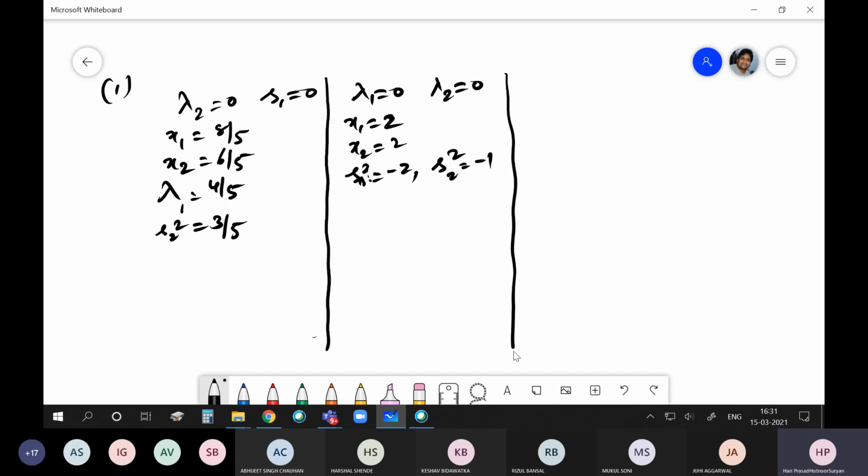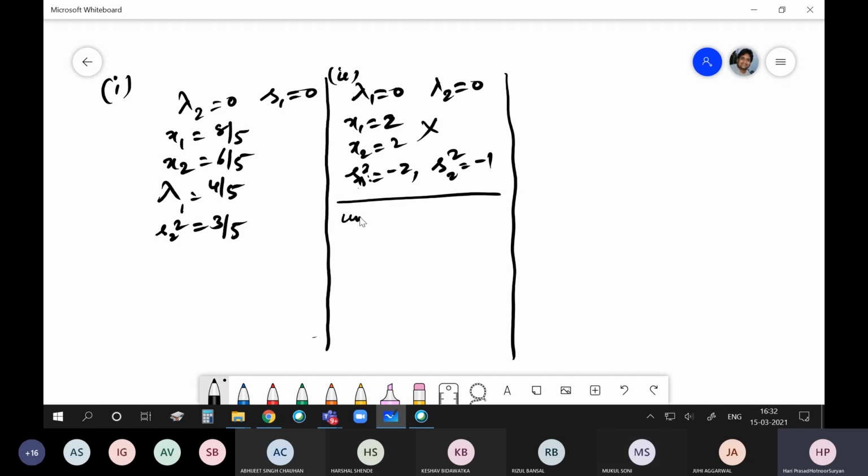Is this a valid solution? Can we accept this solution? No, sir. Why? Because the square is coming as negative. We have added positive quantities, but those are coming as negative. So this is not possible.